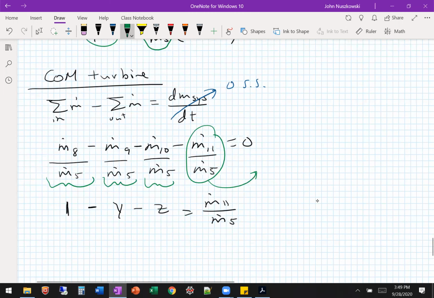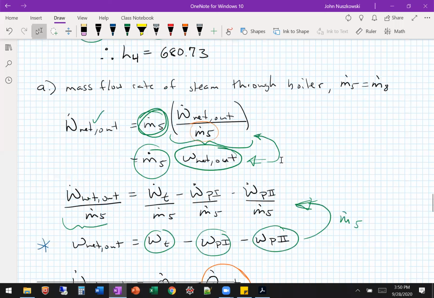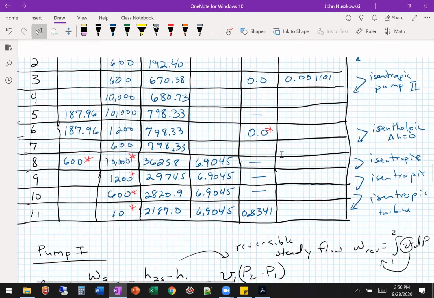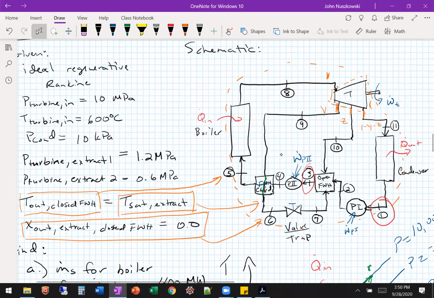So that means now we've gone from one unknown to two more. We have y and z. We have to get the fraction that's being pulled off. If we look at this again back in the schematic, we have the total 1, right here.